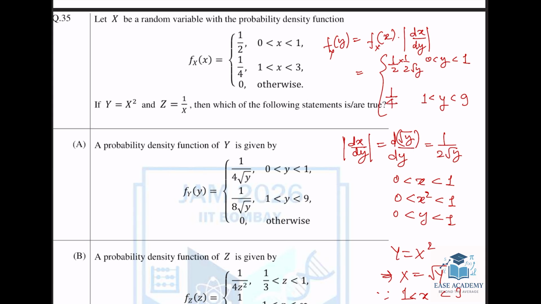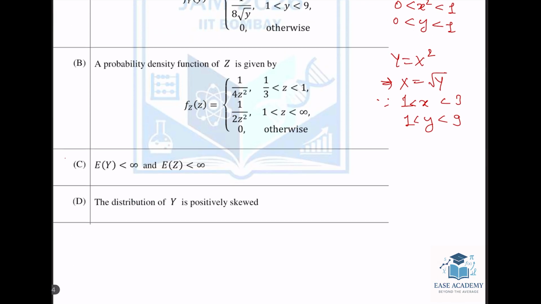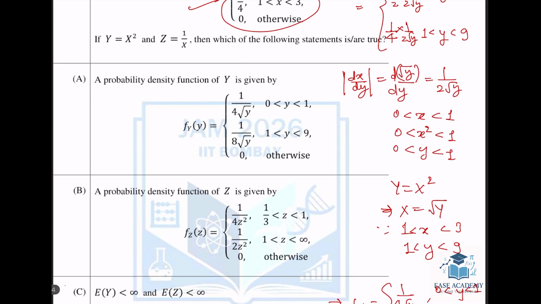Then take f_X to be 1 by 4, since for X from 1 to 3 f_X is 1 by 4, and the mod of dx by dy would be 1 by 2 root Y. That is, f_Y will be, for Y from 0 to 1, 1 by 4 root Y, and for Y from 1 to 9, 1 by 8 root Y. We can see here that is option number A.